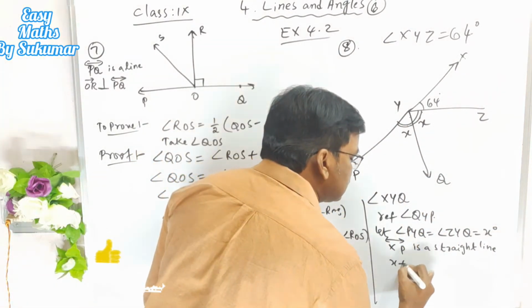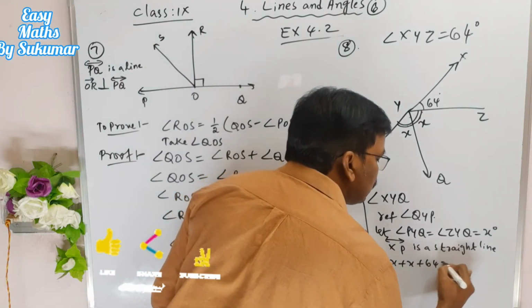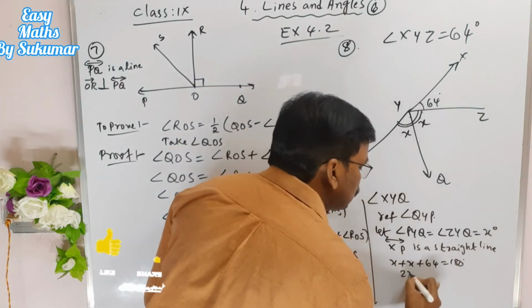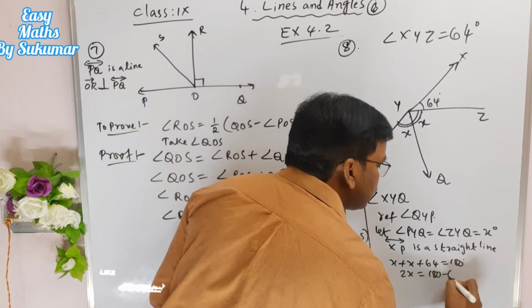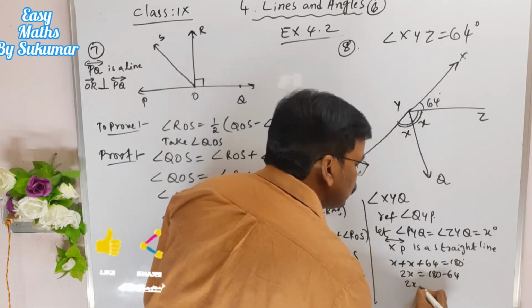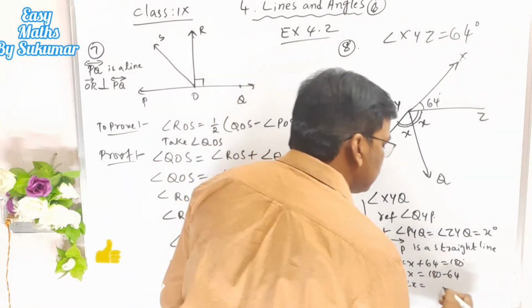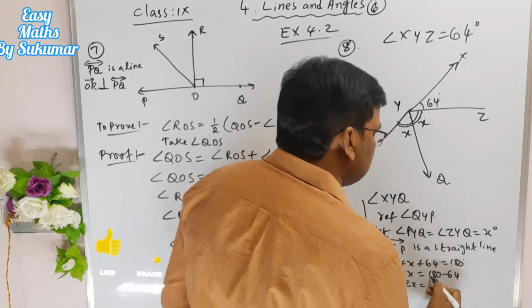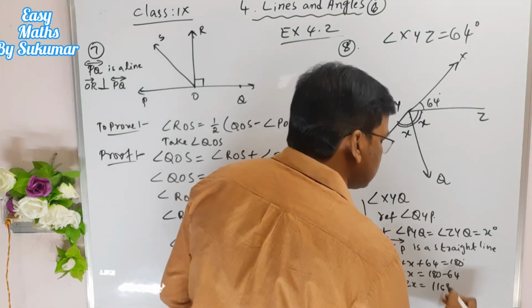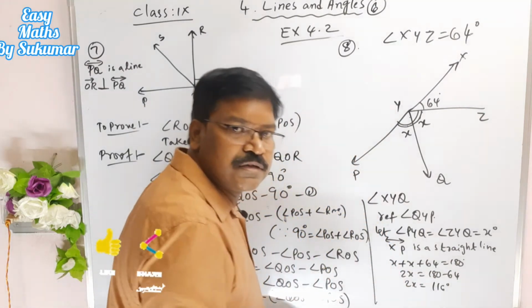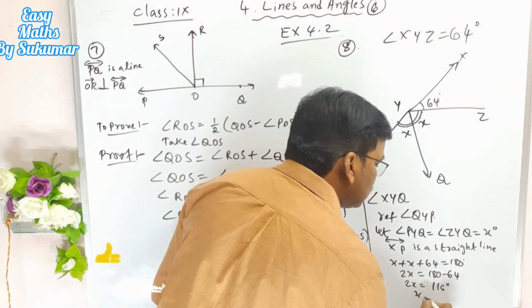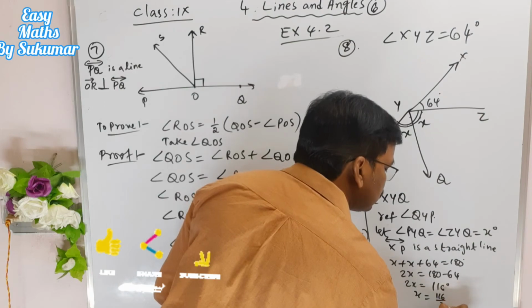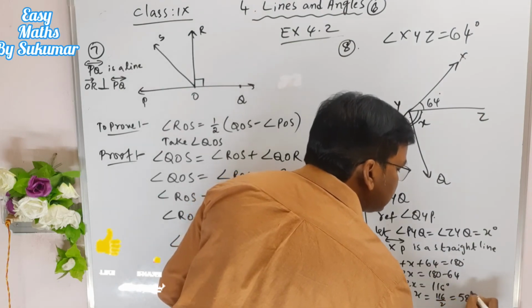That means x plus x plus 64 is equal to 180. So 2x is equal to 180 minus 64. So 2x is equal to 180 minus 64, which means 116 degrees. So 2x is 116, x is equal to 116 by 2, that is 58 degrees.